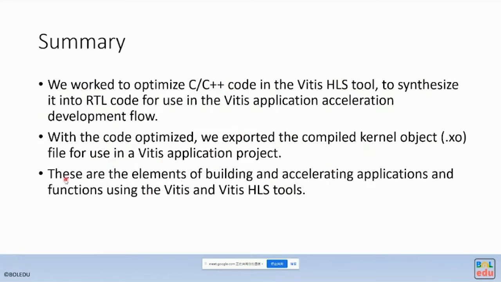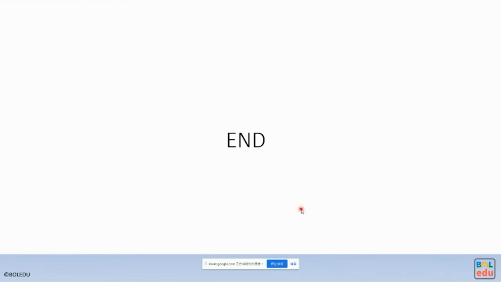These are the elements of building and accelerating an application and function using the Vitis and Vitis HLS tools. I hope you know how to use the Vitis HLS tool. So here's the end of my report. Thanks for listening.